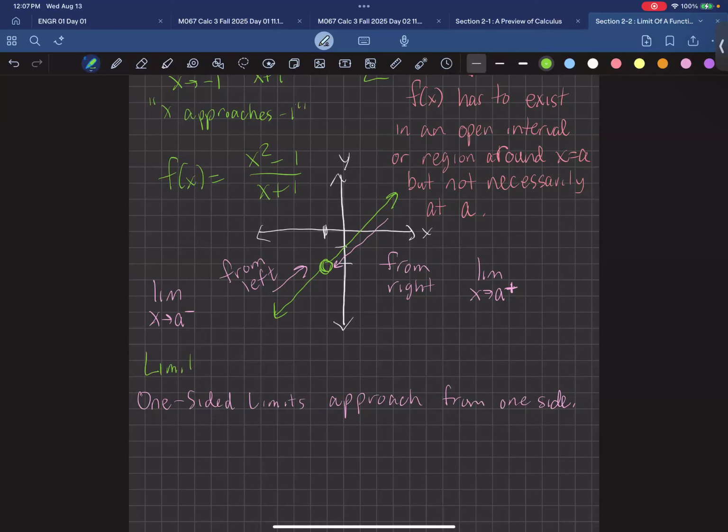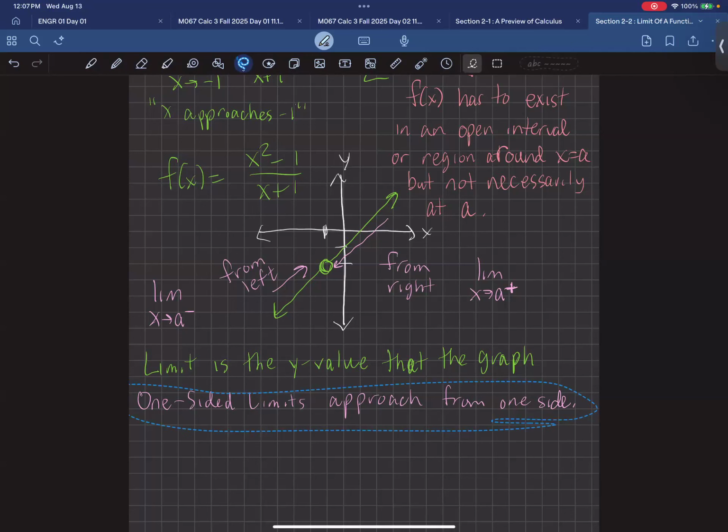A limit is the y value that the graph approaches as x approaches a. Apparently I need to move it down more.